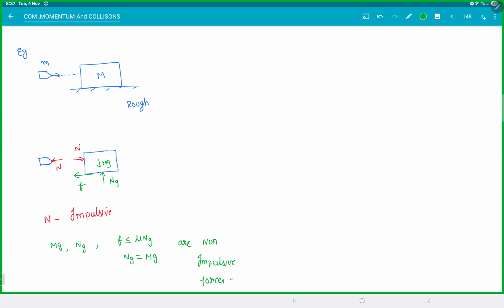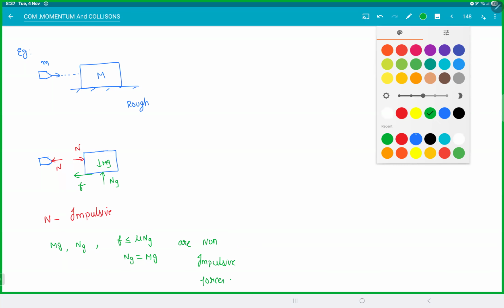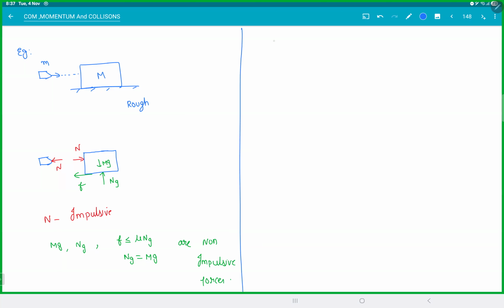But same thing, let me show you a different picture. You keep the block on a rough ground, and let's say this time the bullet is hitting at an angle, like this, at an angle theta.